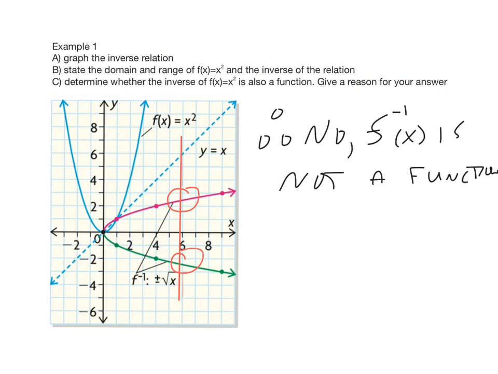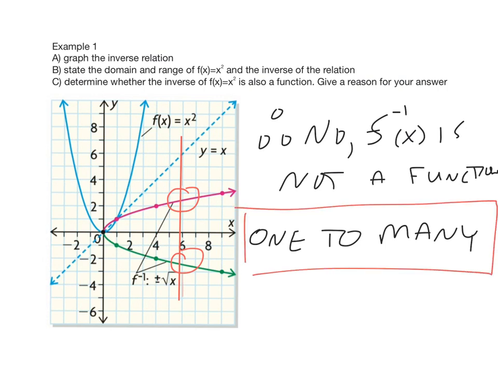And the reason for it is that it is a one-to-many relationship. Thinking back to Unit 1. Okay? Now we could also arrive at that conclusion from the equation.